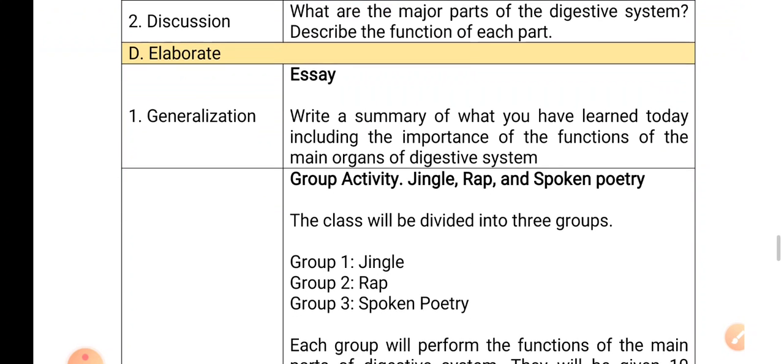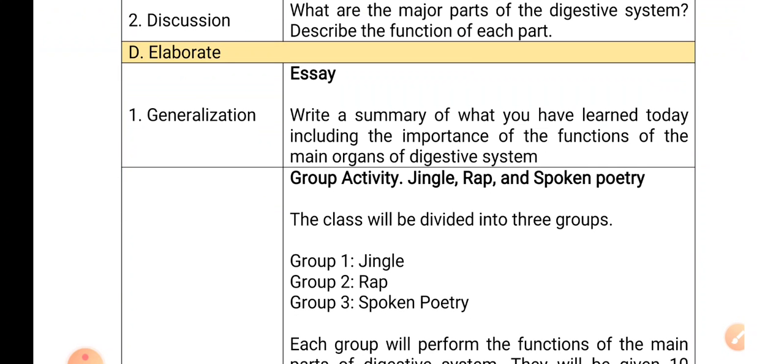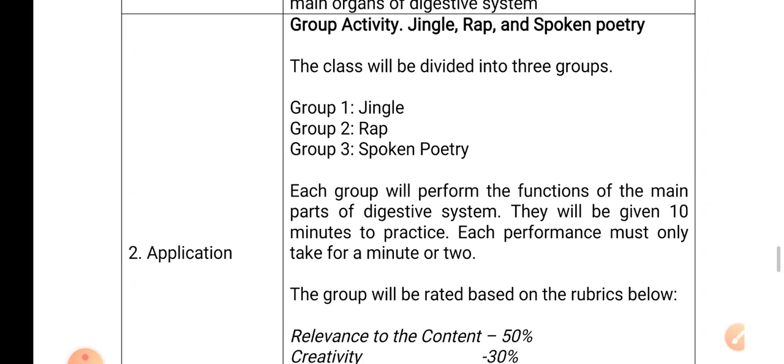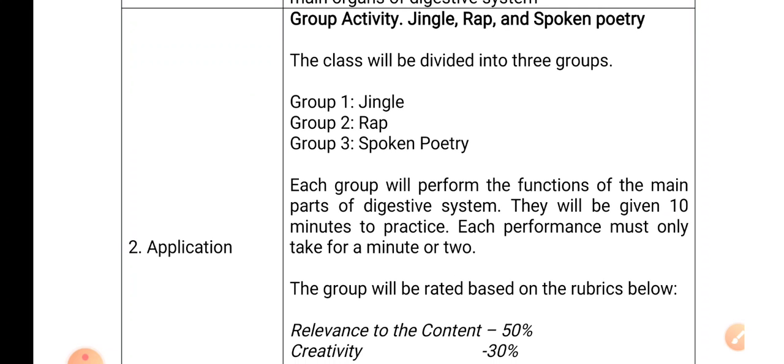And now we have the elaborate. So first is of course the generalization. My activity here in generalization is an essay wherein they will write a summary of what they have learned as well as the importance. So you are hitting now the affective domain. And after generalization, we now have the application.